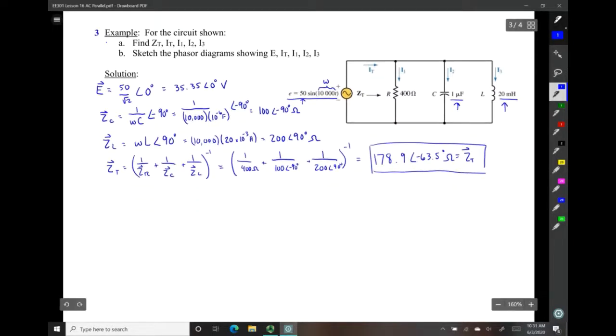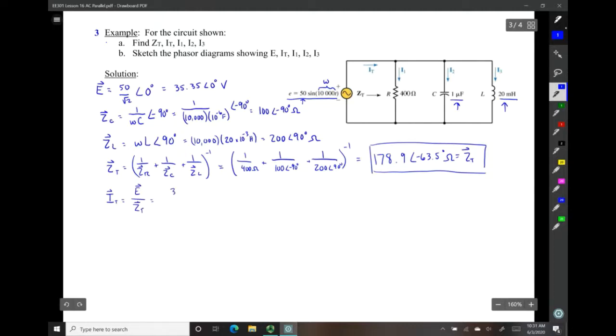Alright, now we can go ahead and solve for I of t using just Ohm's law, where we take our voltage and divide it by our total impedance.